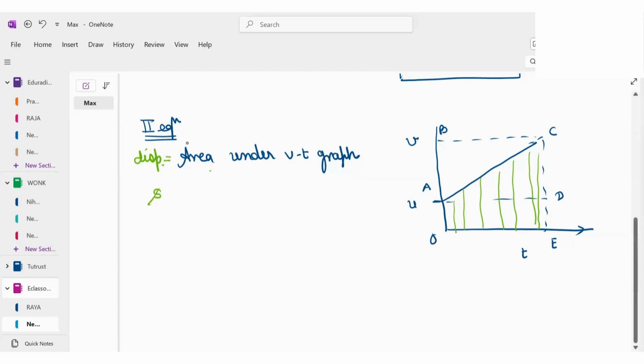Can we say displacement S is equal to area of triangle ACD plus area of rectangle OADE? Am I right?